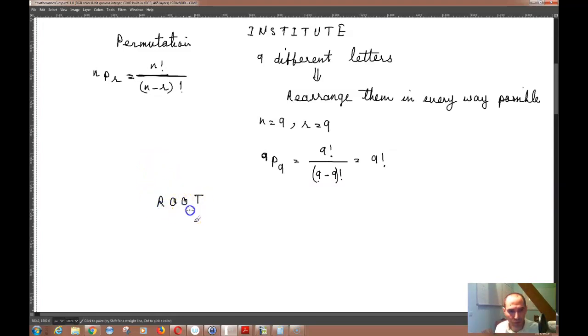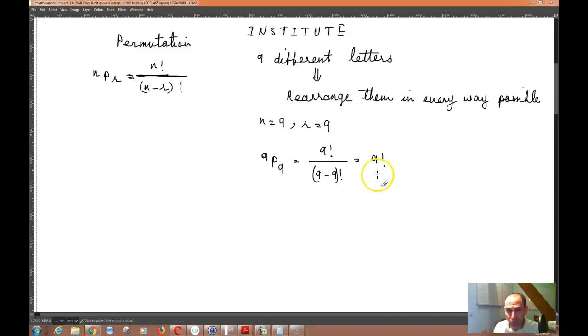In the word root we have two O's that were repeated letters, and those two letters gave us all of those repeating results. We had 24 permutations, and once we calculated everything, the whole thing was reduced to only 12 permutations. So we have to do the same thing over here.